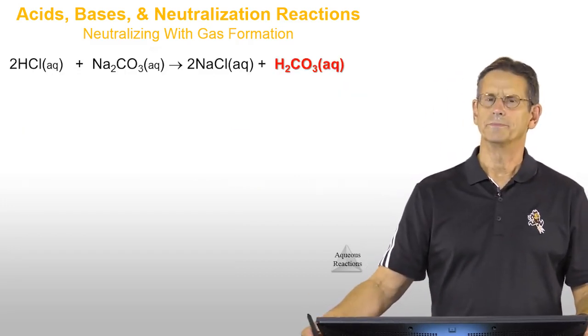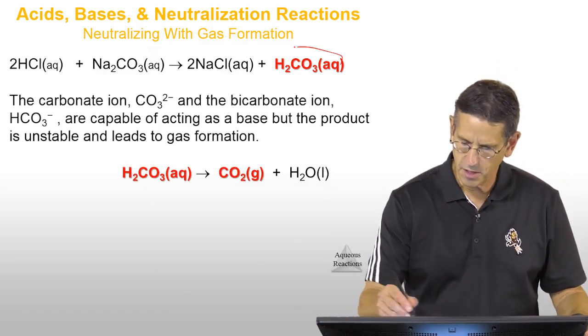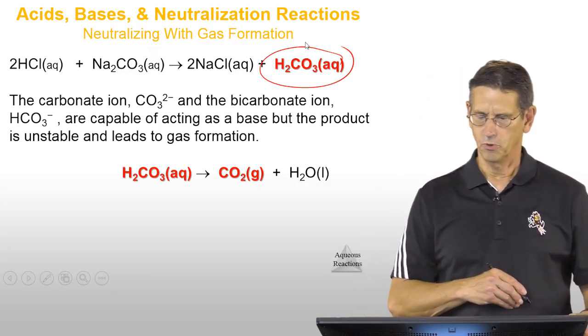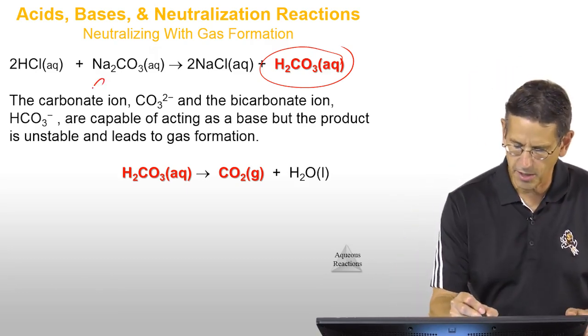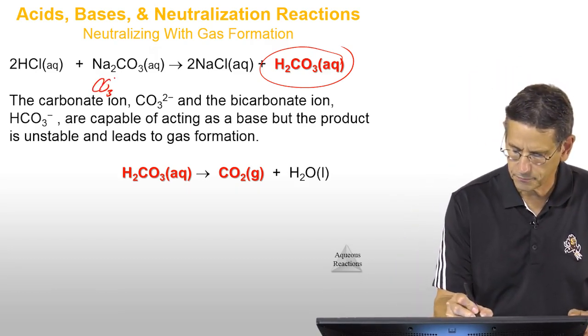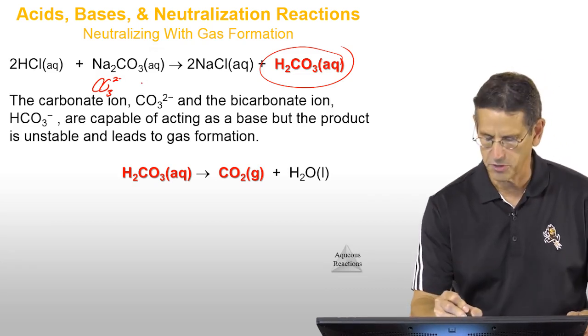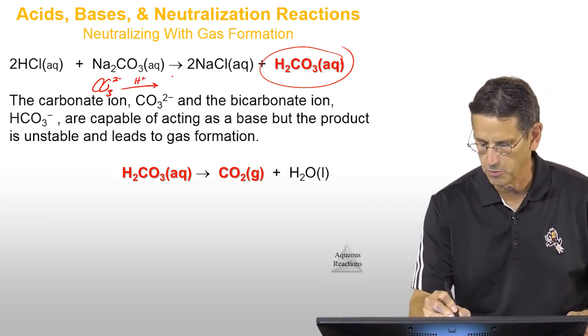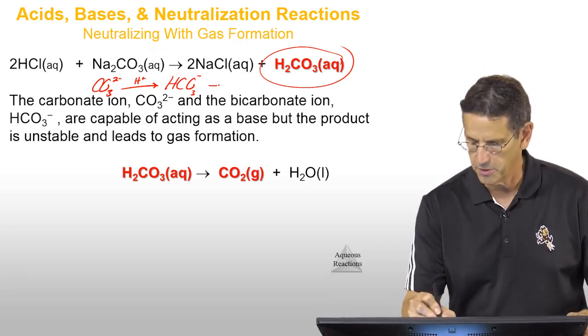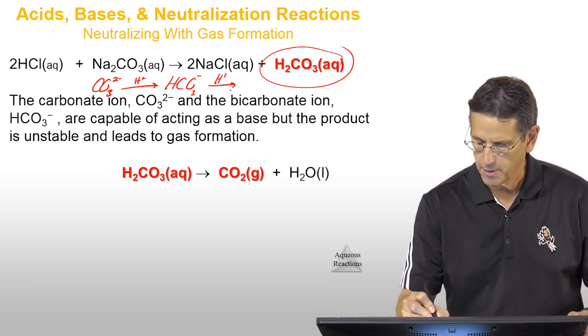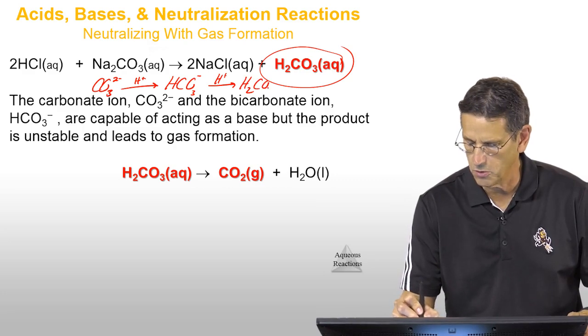There's the reaction again. Turns out that this compound is not very stable. What turns out to be a base on this side is the carbonate ion. It accepts a proton, H+, and we get the bicarbonate ion. It will accept another proton, and now we've got H2CO3.